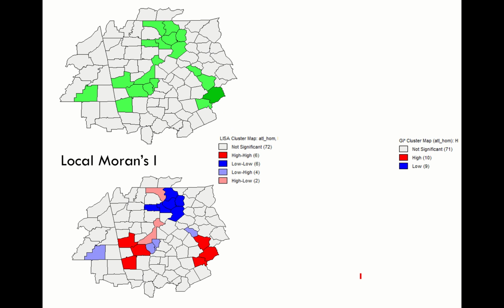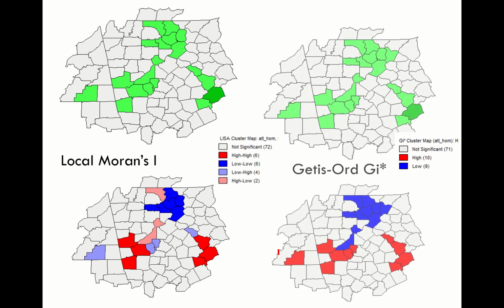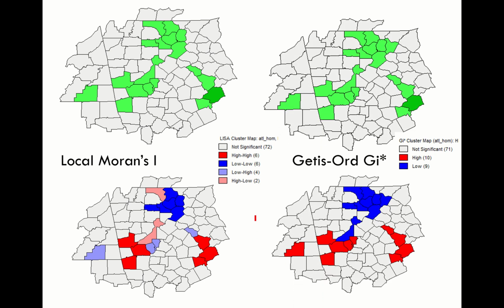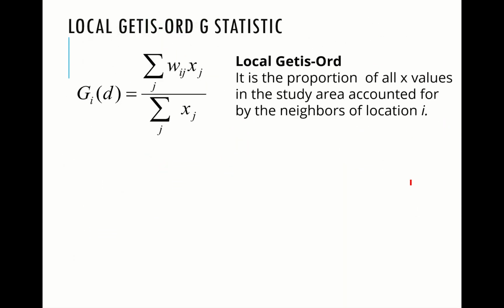So if we run a local Moran's I to determine hot spots and cold spots where we have localized clustering going on, and we compare that to, say, a Getis-Ord Gi, we can see that we get generally similar results back. Some small differences, right? In general terms, we get similar results back from those local measurements.